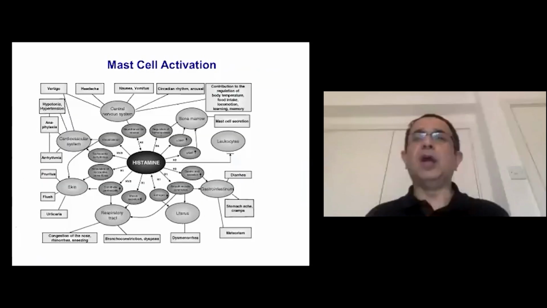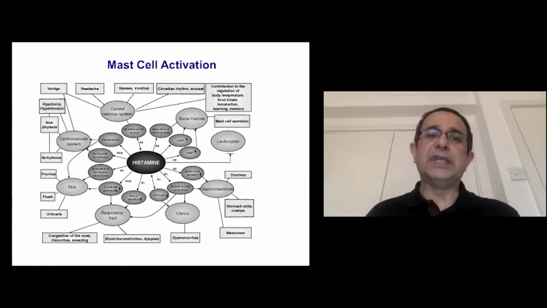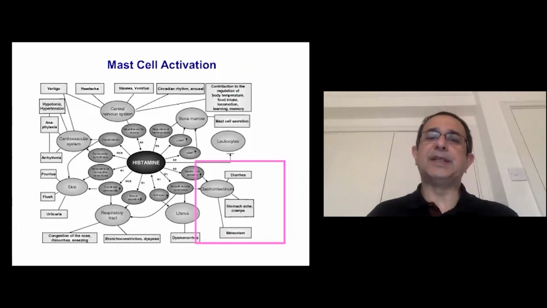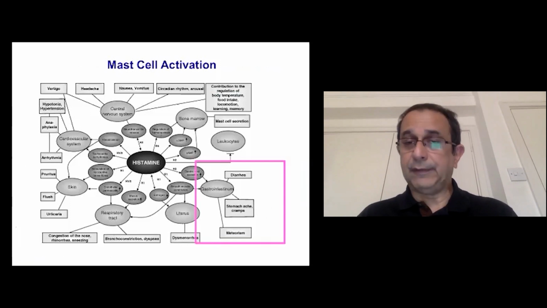Moving on to mast cell activation disorder, I'm sure other colleagues will cover this subject in more detail. Suffice to say that the release of histamine from the mast cells has an effect on the gastrointestinal tract as well. These are patients who describe sudden onset of abdominal pain, cramping abdominal pain and diarrhea, sometimes even while they're eating or immediately after they finish their meal, and there is a lot of wind and flatulence as well.